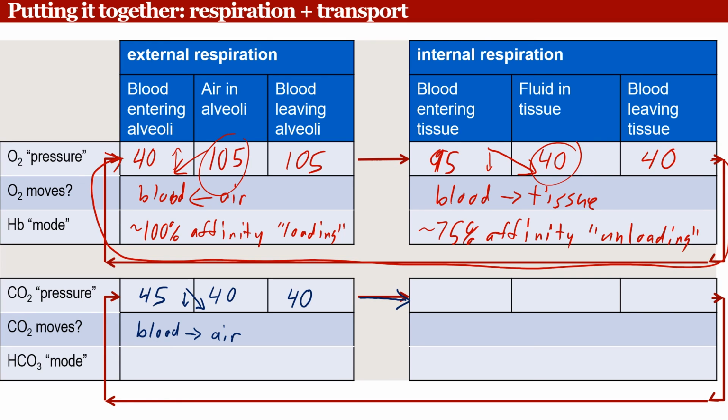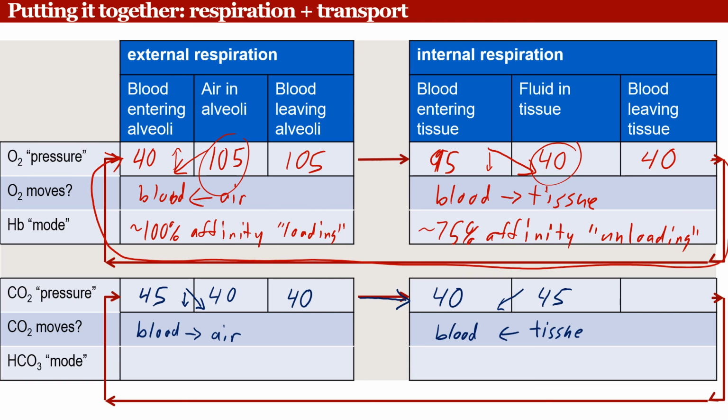Follow that through the body to the tissues. CO2 enters the tissue at 40. Fluid in the tissue is about 45. So this time, going down the concentration gradient has CO2 moving from tissue into the blood.